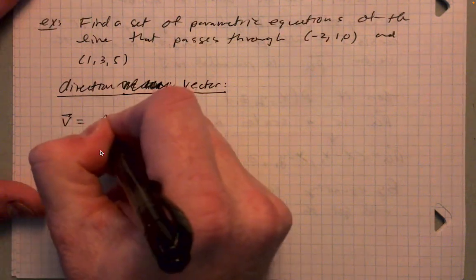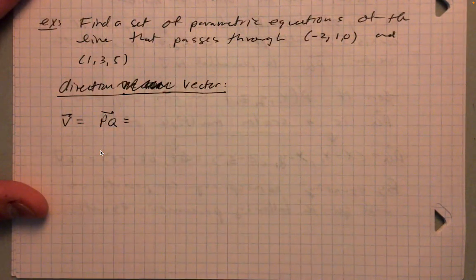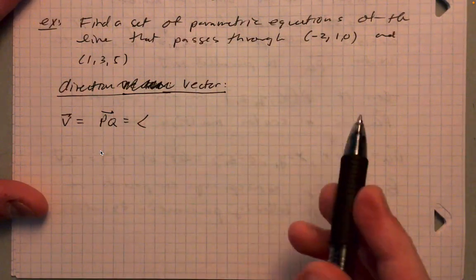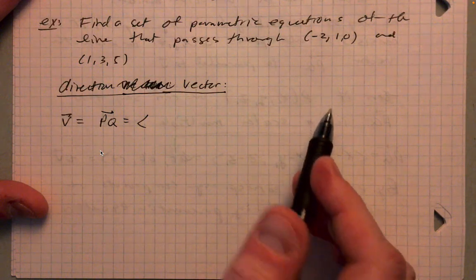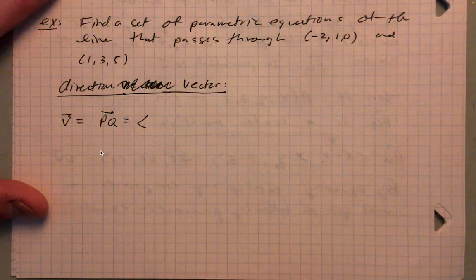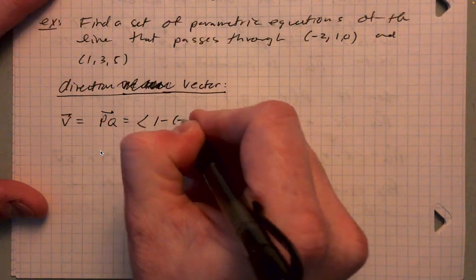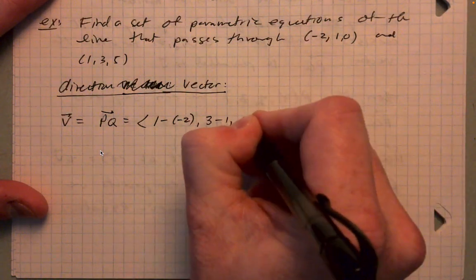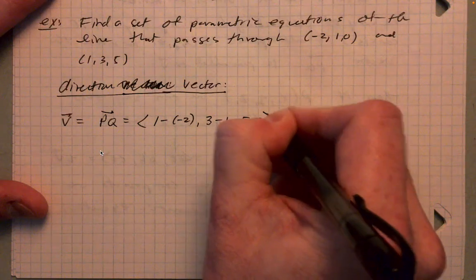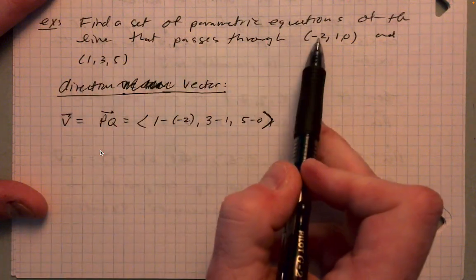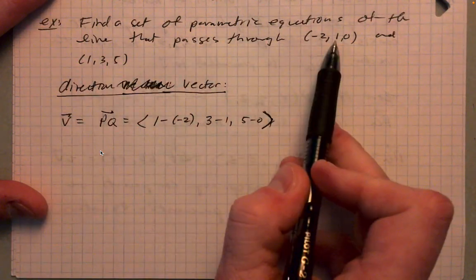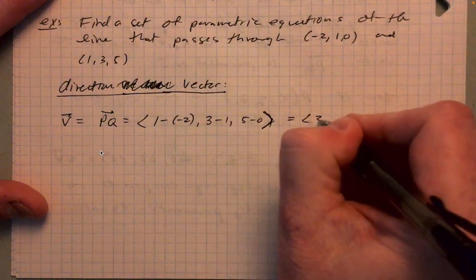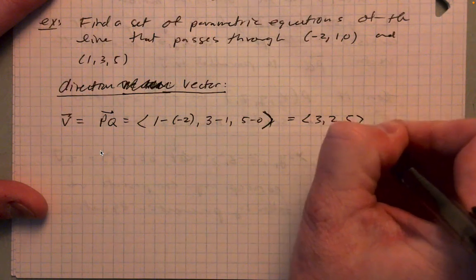We'll say v is equal to PQ in this case. To find the vector PQ, we subtract: we take Q and subtract off P. So we'll have 1 minus -2, 3 minus 1, and 5 minus 0. That gets us to this vector 3, 2, 5.